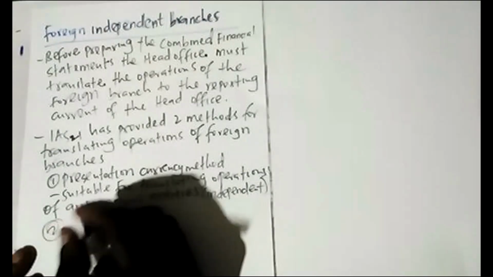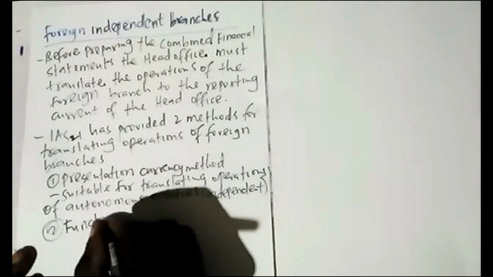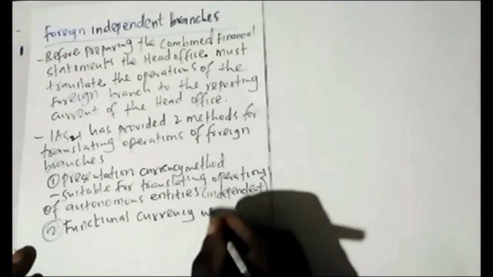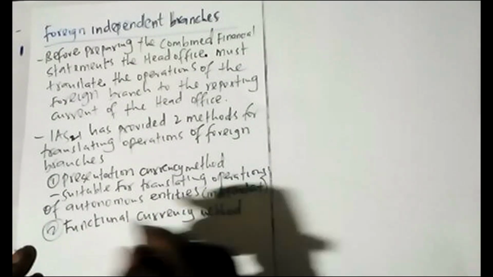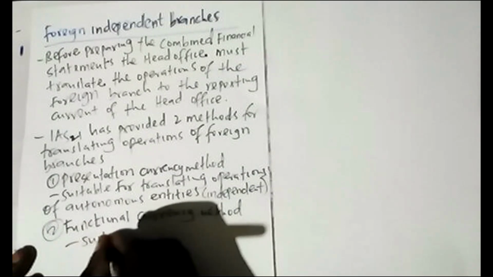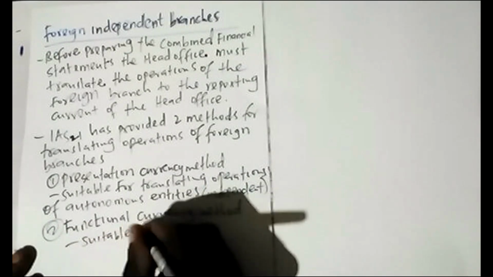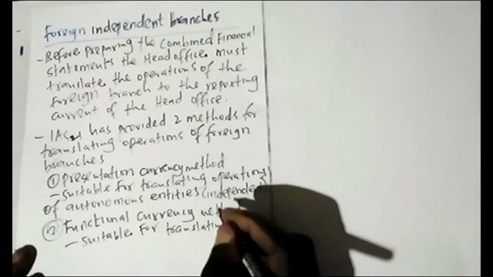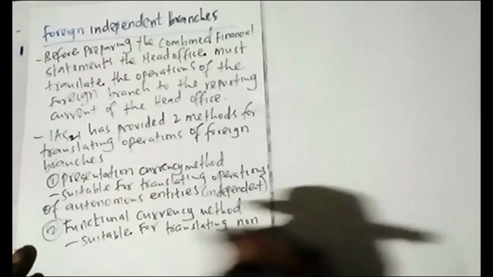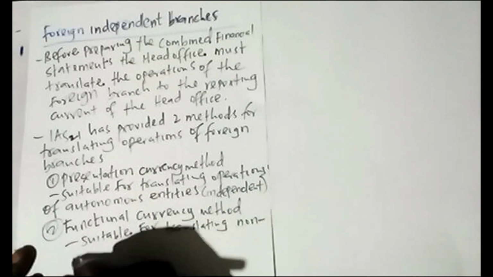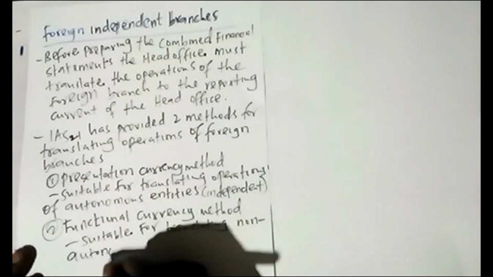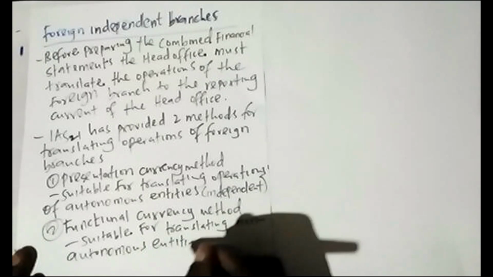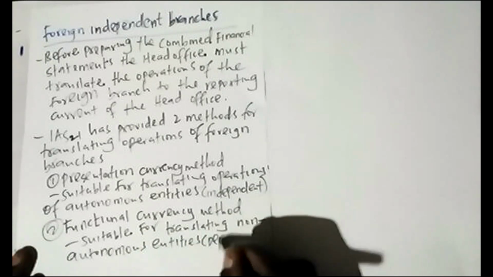Then we have the functional currency method. The functional is suitable for translating non-autonomous entities. So these are non-autonomous, that is, dependent.